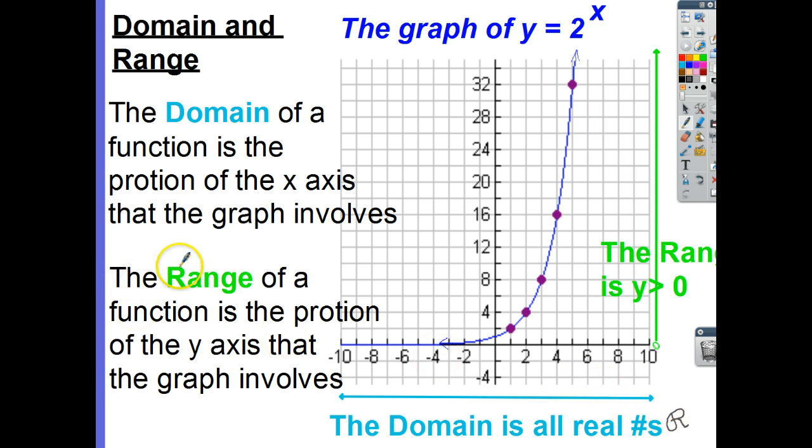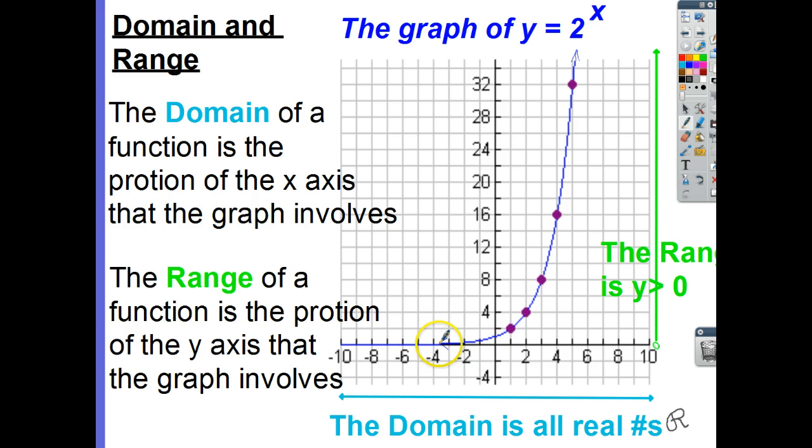Okay, let's get over here to the range. The range of a function is the portion of the y-axis that this graph involves. So that's talking about how far up and down. Now, will we ever get into the negative numbers? Well, if you think about the meaning of the asymptote, this graph is never going to reach y equals 0.